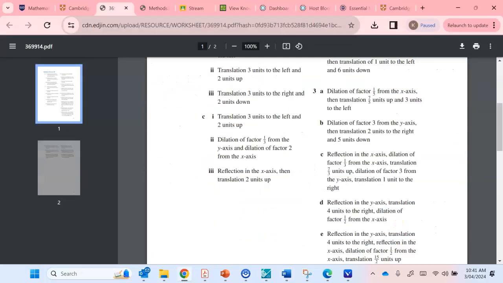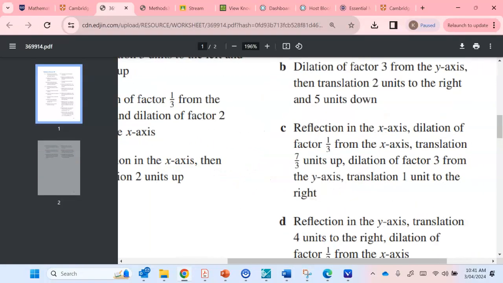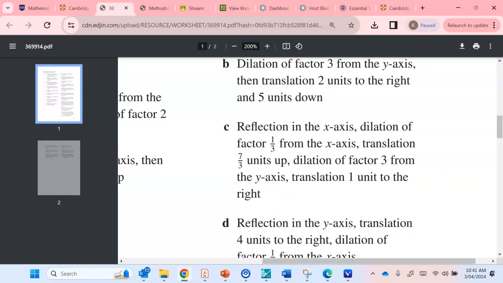Let me make it a bit bigger. You can see they've done the reflection first, reflected in the x-axis, dilation factor of 1/3 from the x-axis, and then our translation is different here, so 7/3 units up, dilation factor of 3 from the y-axis, and translation 3 units to the right.